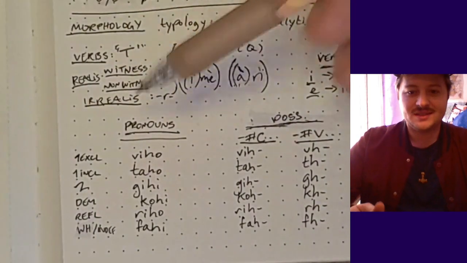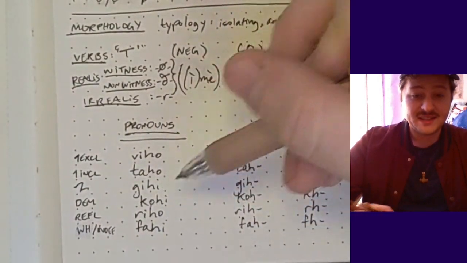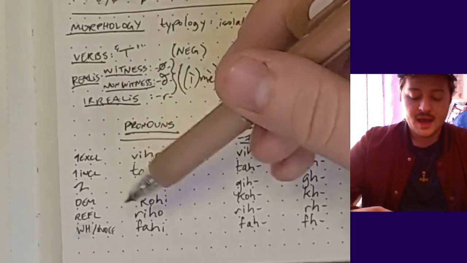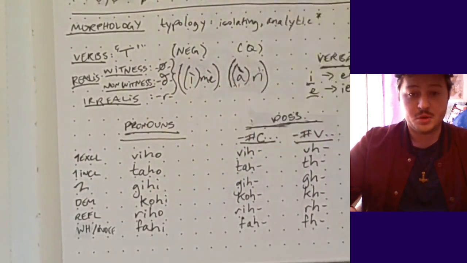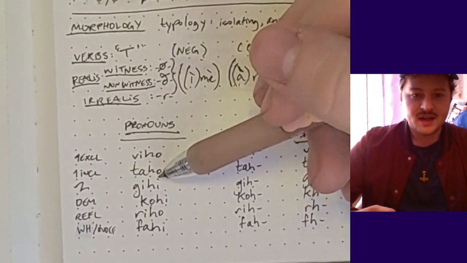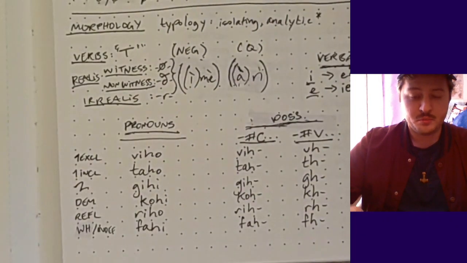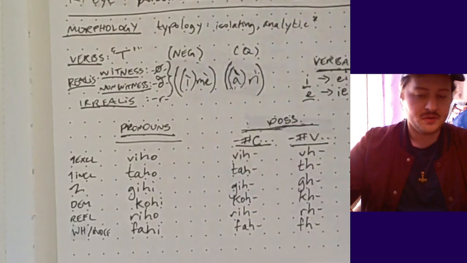I've actually made an example sentence with that. I don't think we're going to look at it today, though. The reflexive is mostly going to be used for third persons if they're doing it to themselves, and for possession if the possession is the same third person that owns it. And in that way, you can actually kind of use 2 different demonstratives. You can use the demonstrative twice, and it will refer to 2 different people, and it will be clearly referring to 2 different people, because if it were the same person, you'd use the reflexive.